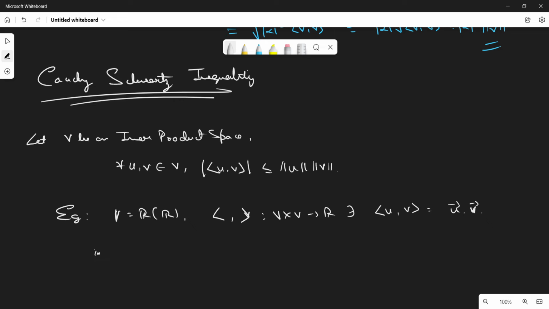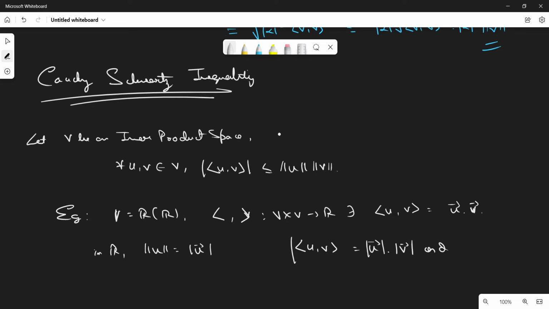Now in real numbers, the norm of a vector is equal to the mod of it. Now what is the dot product? So let us choose this. The dot product is mod of this vector times mod of this vector times cos theta, where theta is the angle between them. Okay.